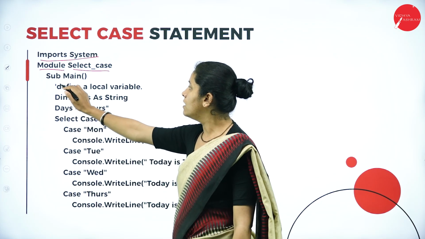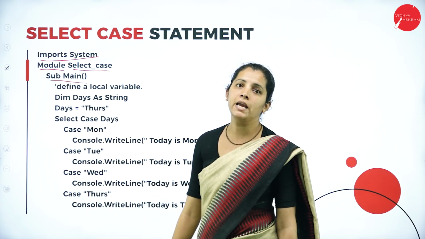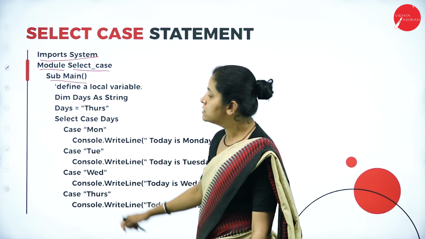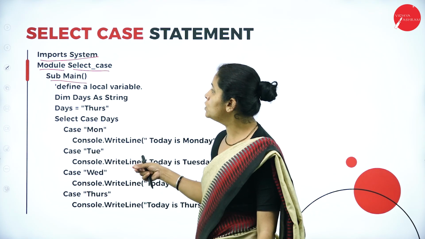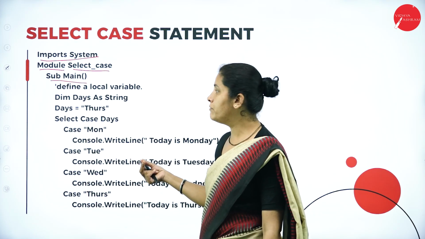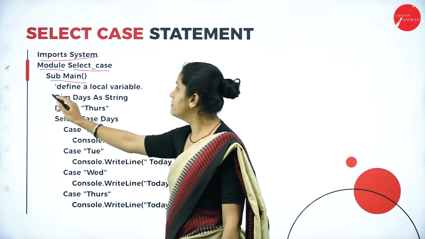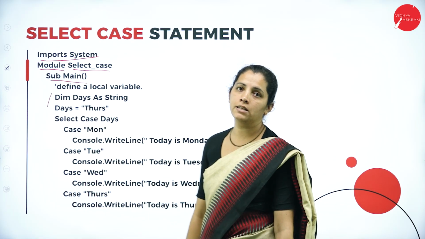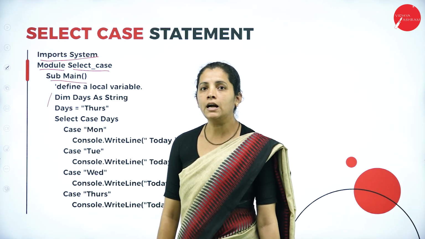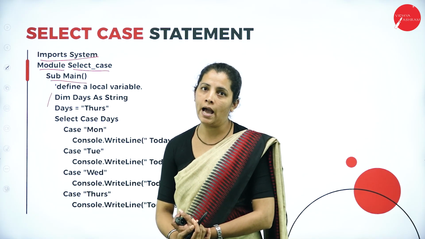After that, I'm going to have the main function. When I start the main function, at the end I want to close the main function. And I'm defining the local variable. Which is my local variable here? That's nothing but days. If I consider a week, how many days do we have?